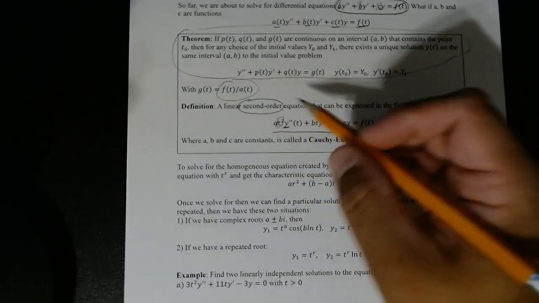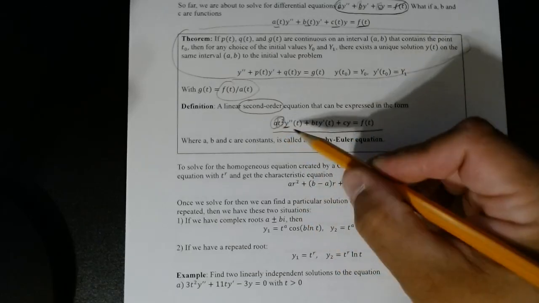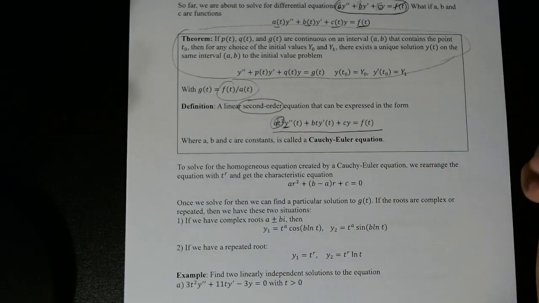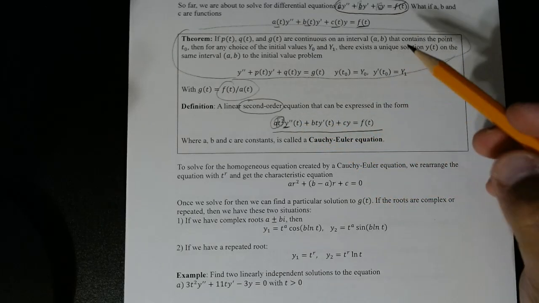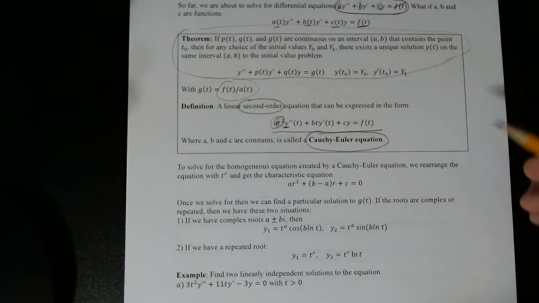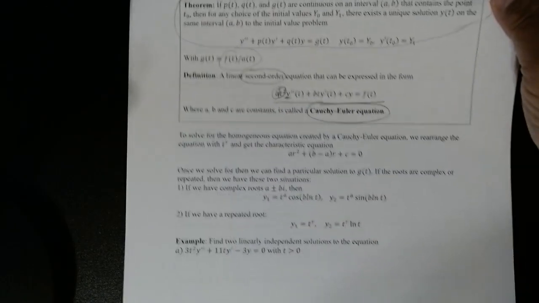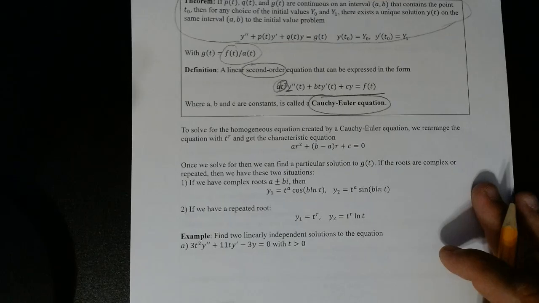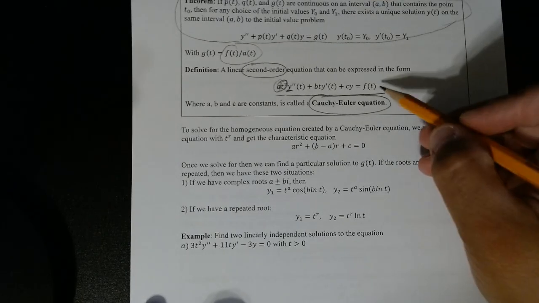So we have functions in terms of t, but it's always second order being t squared, then t to the 1, and then 0. Same with the y double prime. These are called Cauchy-Euler equations. They're very popular, hence the reason they have a name. All right, so the question is, how do we solve for things like this?